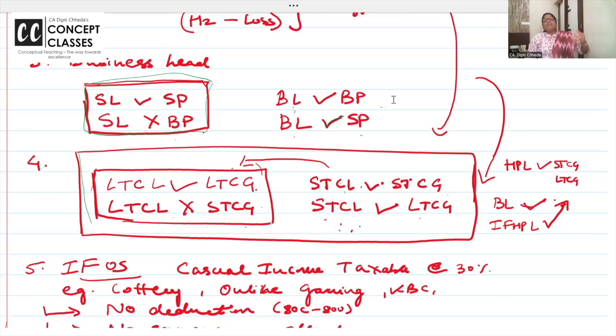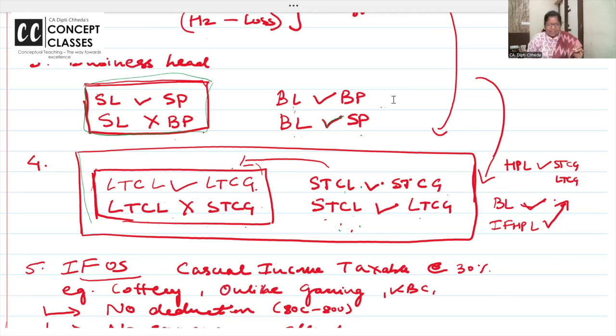In the duplex house, on the first floor is staying long-term capital gain. He is not ready to come down and meet his younger brother also. Are you getting it? Who is the most rigid in the duplex house? Long-term capital loss can be set off in long-term capital gain. Long-term capital loss cannot be set off in short-term capital gain.